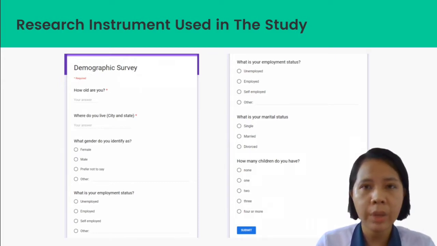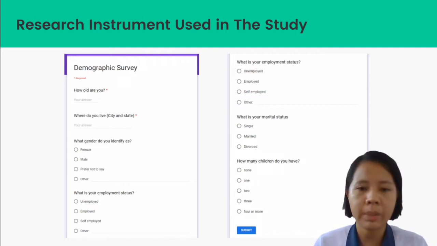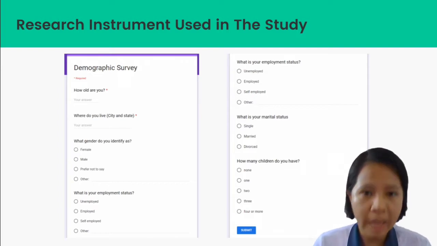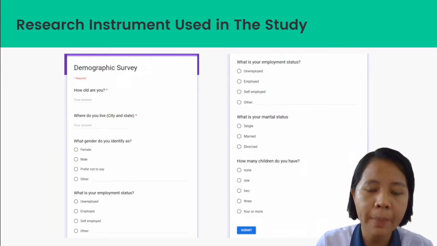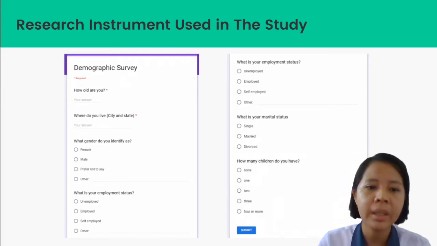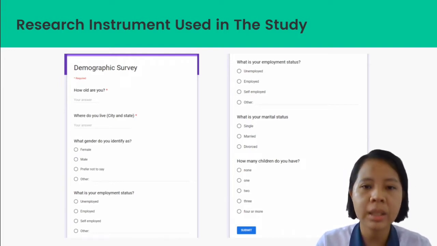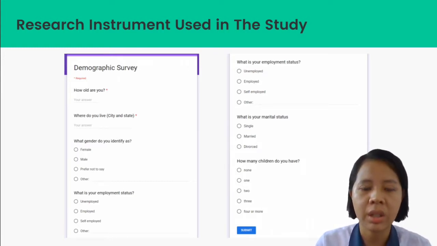The questionnaire will only include the demographic profile of our respondents, the sex and the age to be exact. We only included the demographic profile so that everyone can relate, and I know for sure you already experienced answering this kind of questions or survey.